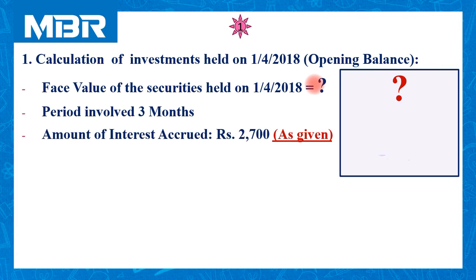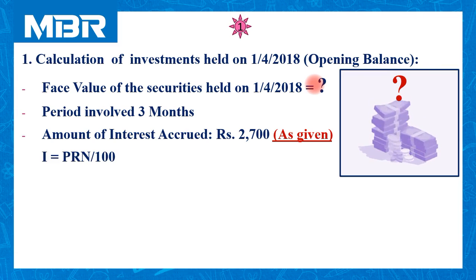The amount of interest is already given in the question. It is rupees 2,700. The formula for the calculation of interest is I equal to PRN upon 100. Here we have the information of I, which stands for interest, 2,700. The principal amount, that is the face value or nominal value of the securities, is the missing item in this question.